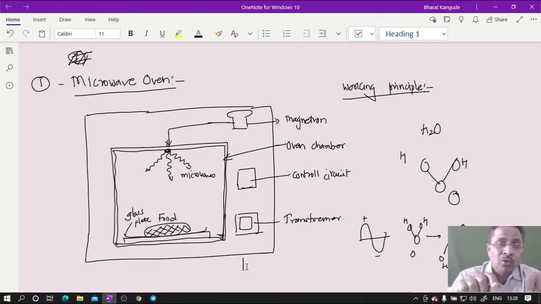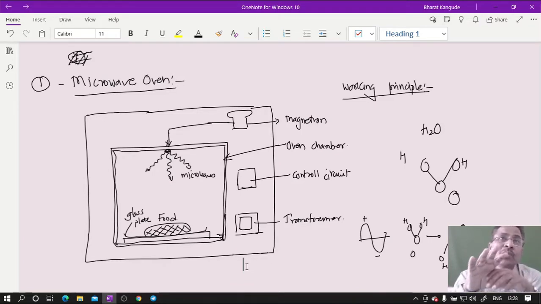Whereas in microwave cooking there is no surface cooking, but there is volume cooking. The entire volume of the food item absorbs these microwave radiations. Water molecules inside the food item get displaced, and therefore produce heat energy, and that heat is absorbed by the food and it gets cooked.